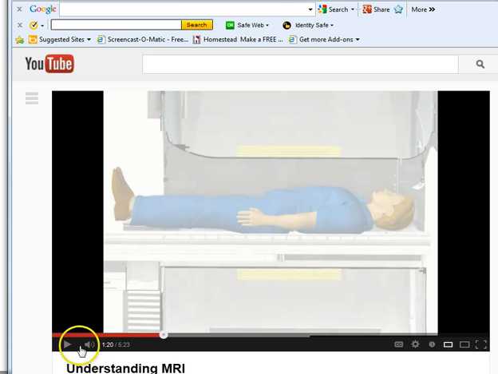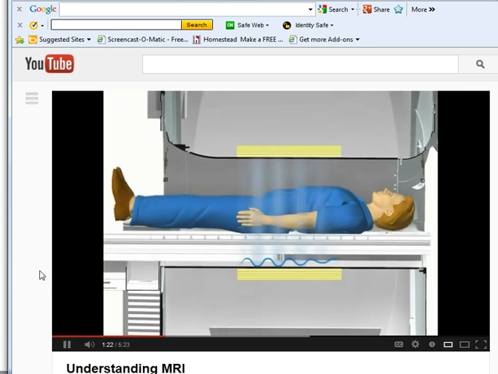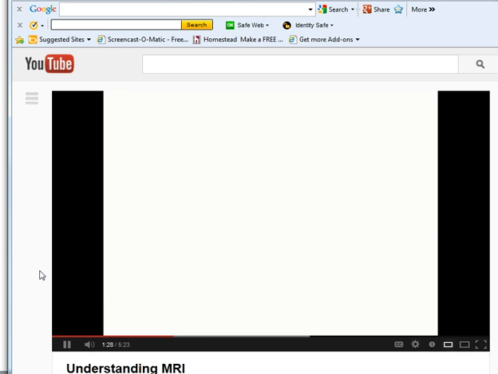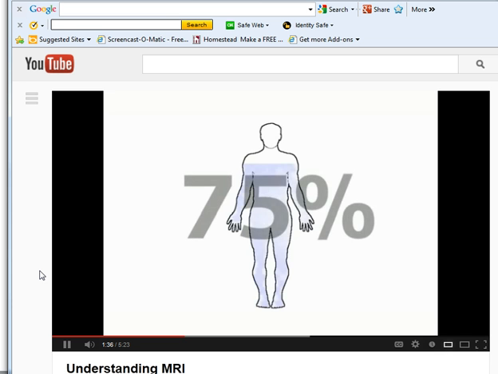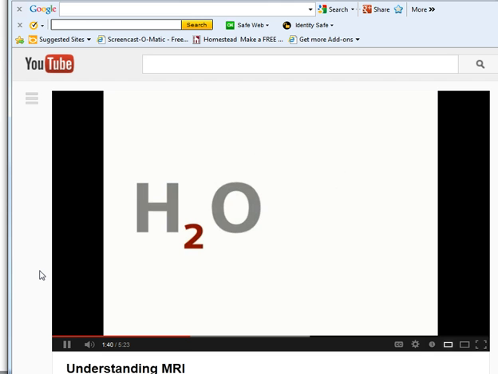But let's take a look at what they say here. MRI uses a magnetic field to orient the position of certain nuclei in the body. The primary nuclei used for MRI imaging is in the hydrogen atom, called a proton. As you know, the body is made up of approximately 75% water. Water is 2 parts hydrogen, making the nucleus of the hydrogen atom, the proton, the most abundant in the human body.